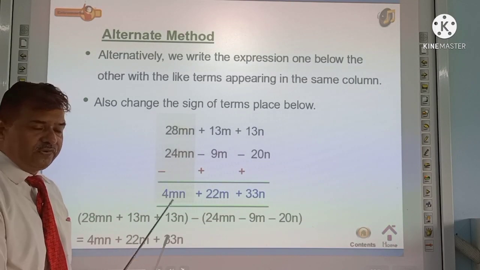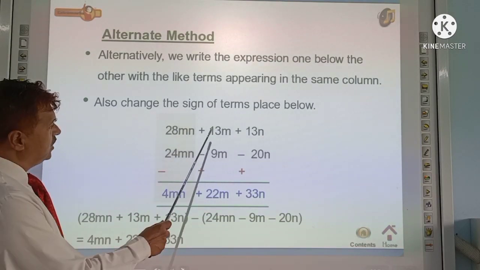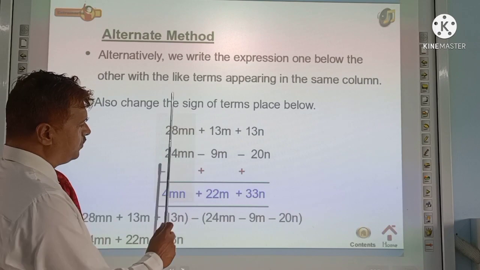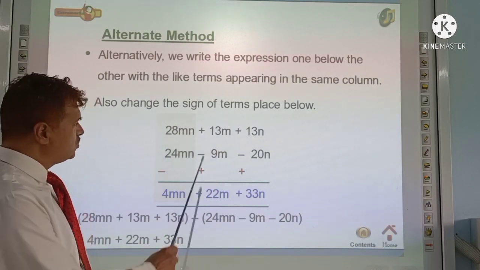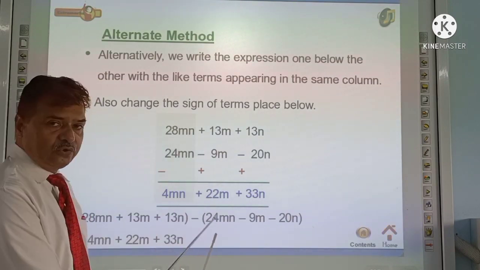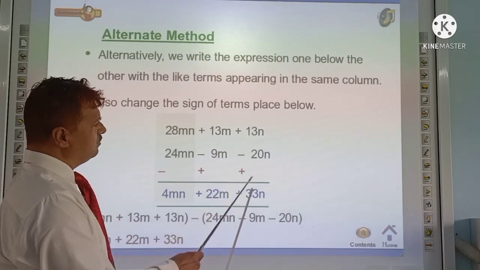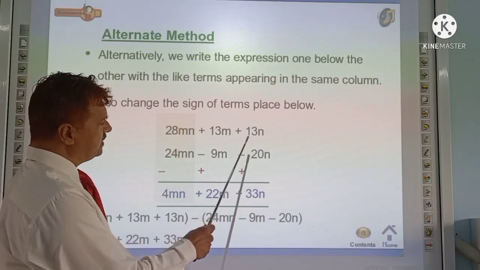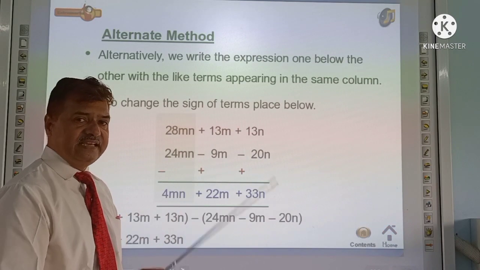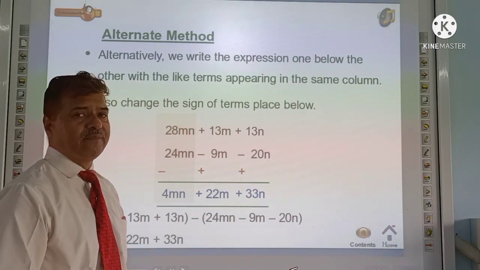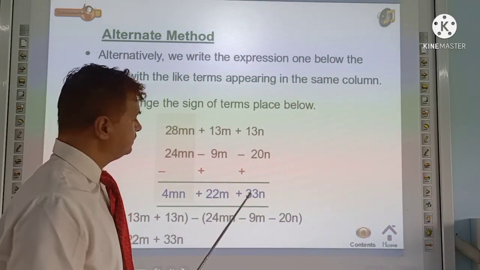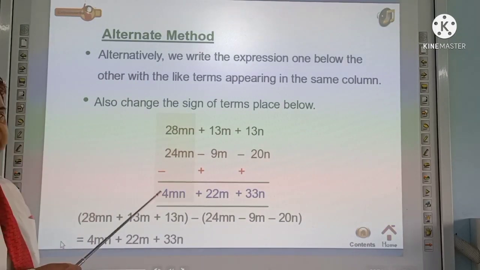Then we find here 4mn. 13 and 13 are positive. 9 is also positive. So we can write here 22m. Here both are positive, so we can write here 33n. It is the easy and popular column method. Okay. You can take a screenshot.